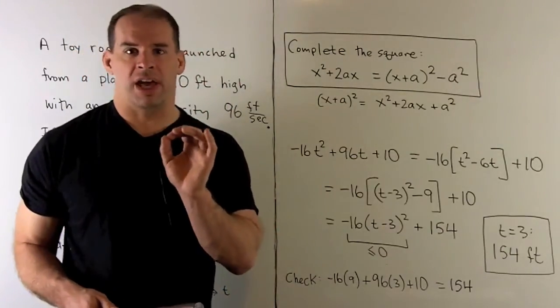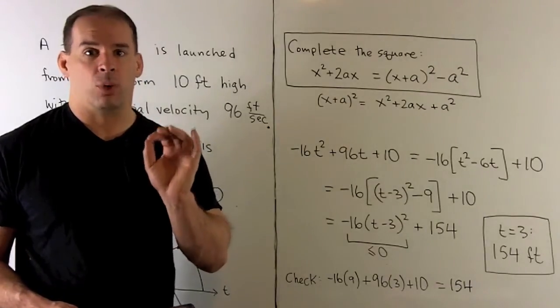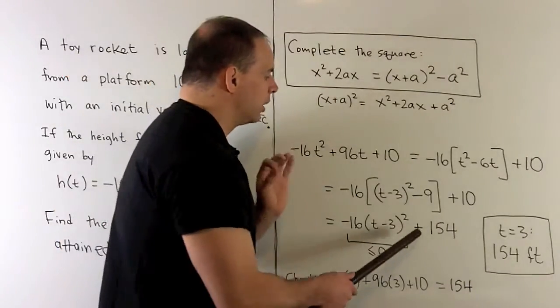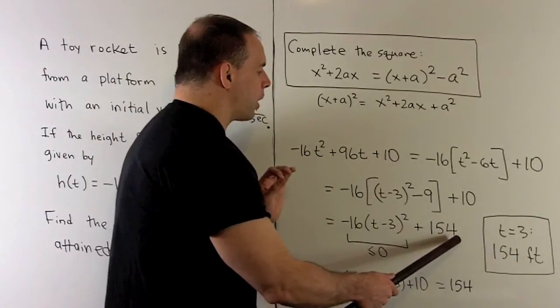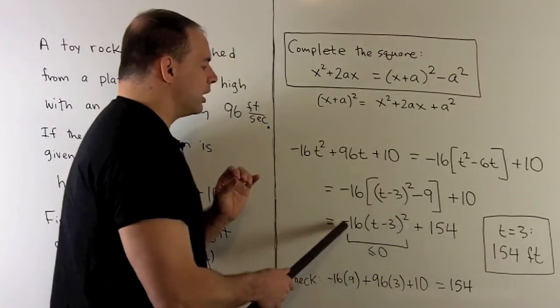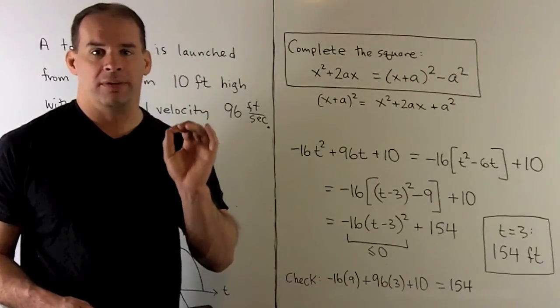Now I can tell where the vertex is. So the maximum height is going to be 154 feet. If you notice, if we look at our function, we have the plus 154. This number here is either going to be 0 or a negative number. So the highest we can get is 154.